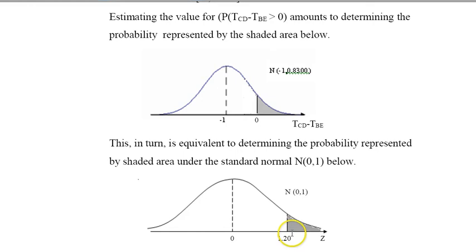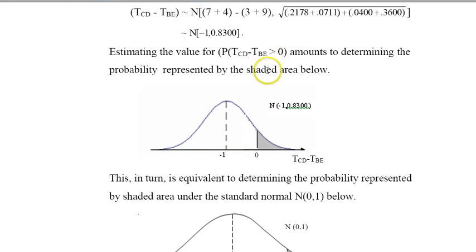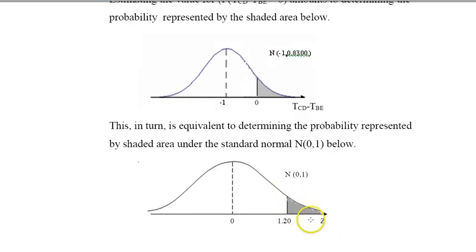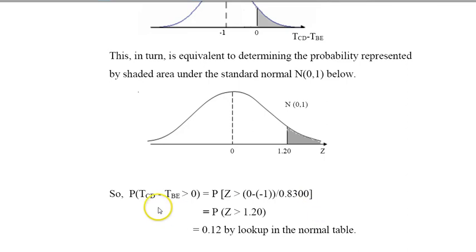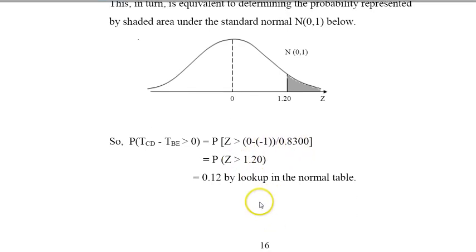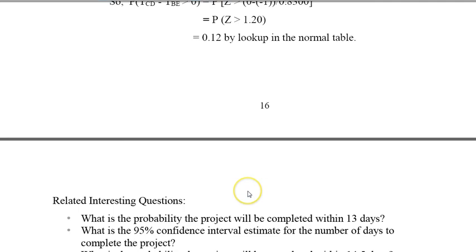Since it's greater than, I want the area up in the normal curve. So P of TC minus TB greater than 0 would be the z-score of 0 minus -1 over 0.83, and then we look up the probability in the z table.